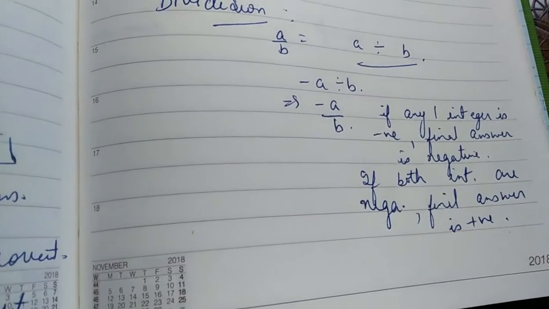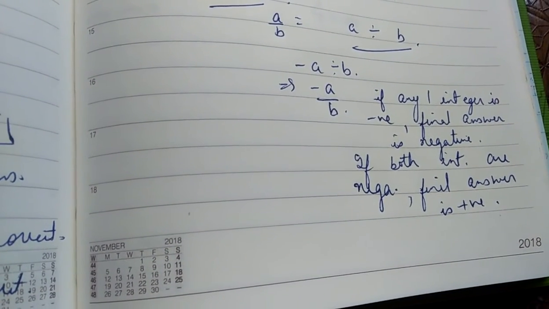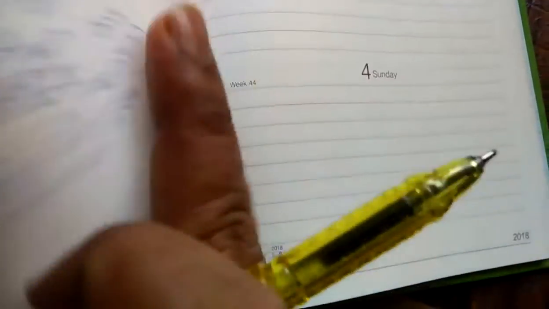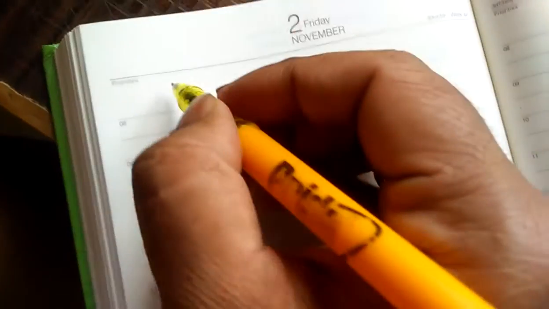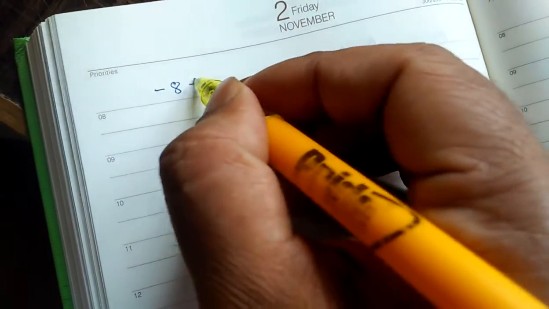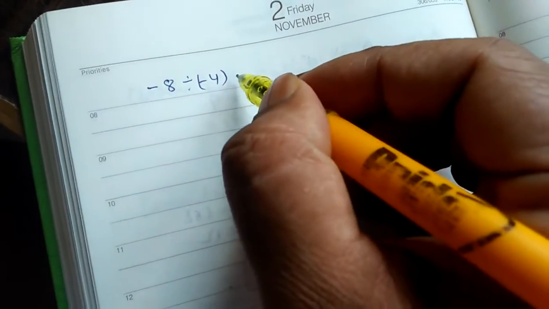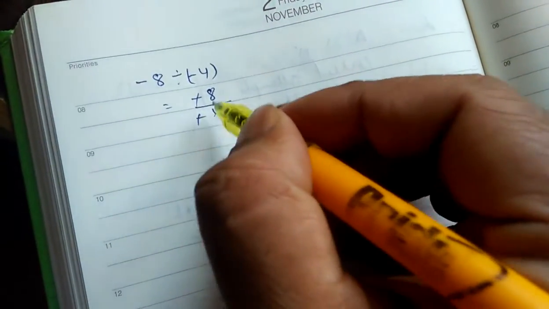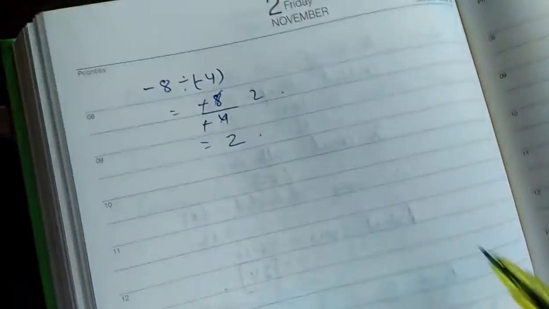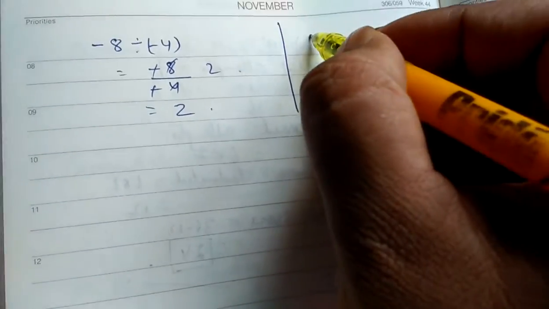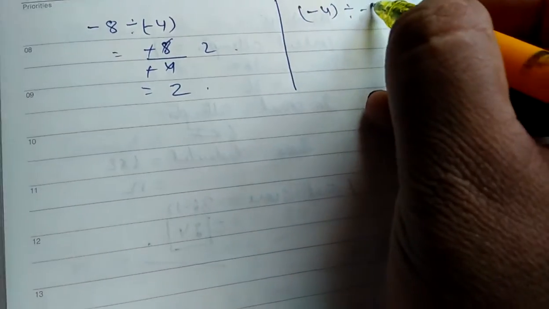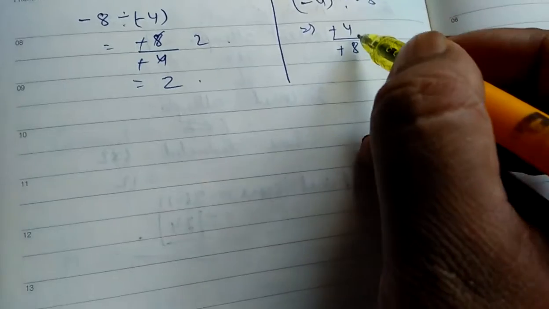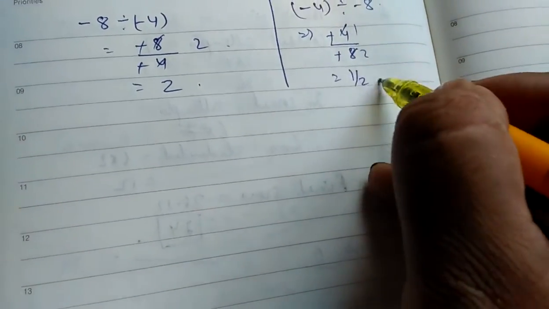All right, let's discuss a few properties of division. Let's say minus 8 divided by minus 4 is equal to 2. Now minus 4 divided by minus 8 is 1 by 2.